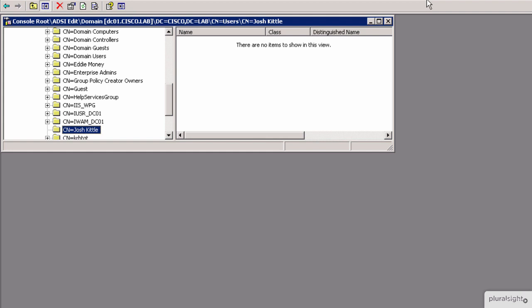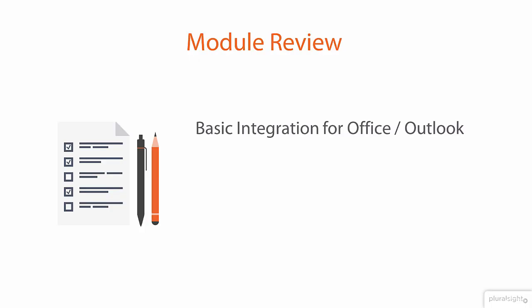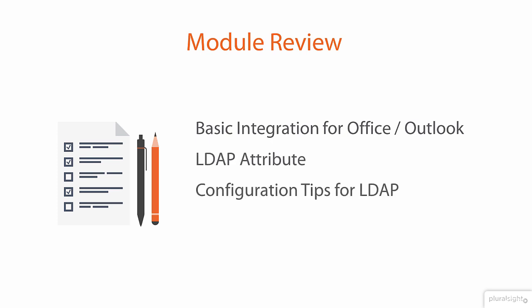In this module, we covered the fundamentals of integrating Microsoft Office or Microsoft Outlook with Cisco Jabber for Windows as part of an on-premise presence solution. We talked about the mandatory LDAP attribute of proxy address that you'll need to configure. We gave you some configuration tips for the LDAP environment and how to go about populating those records.